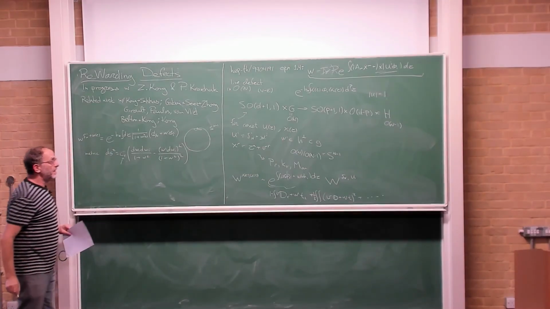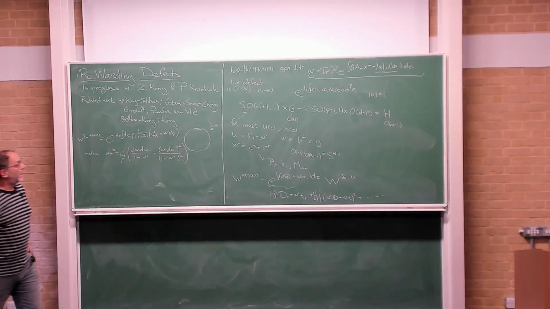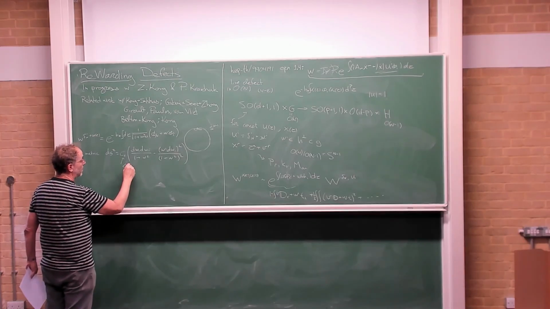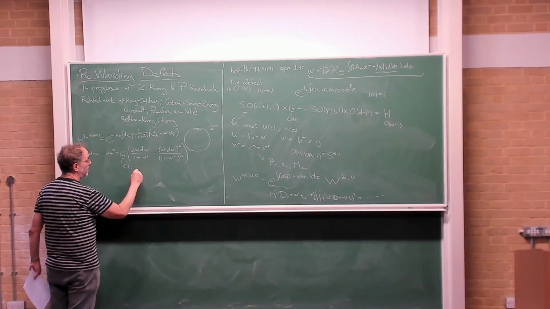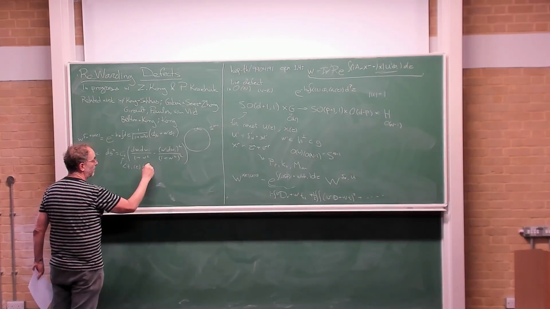This Ct is the radius squared of my sphere, and it is natural to associate it to the two-point function of two tilts, Ti of tau, Tj of tau.